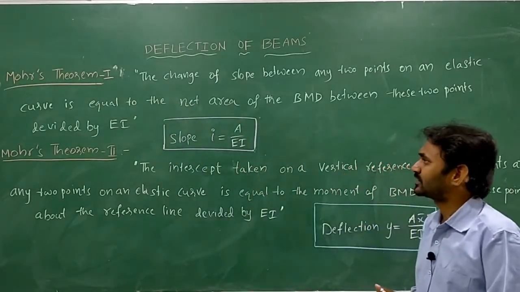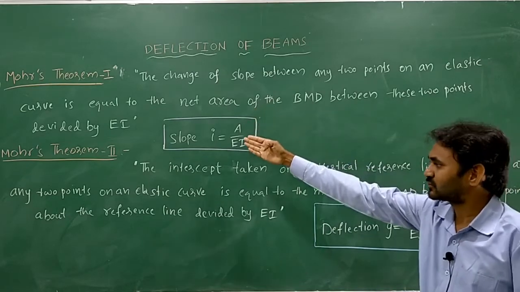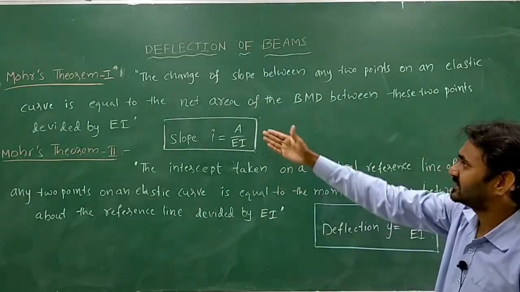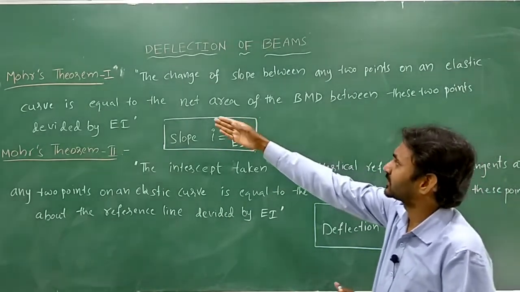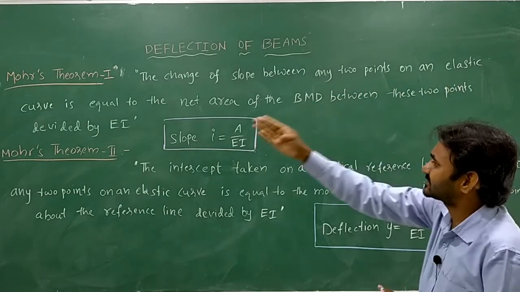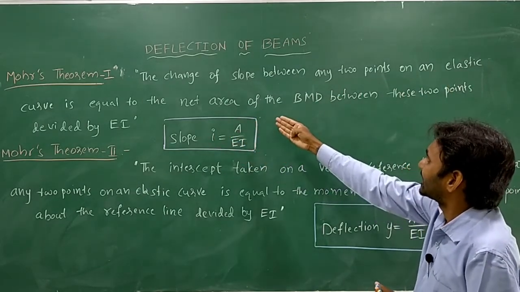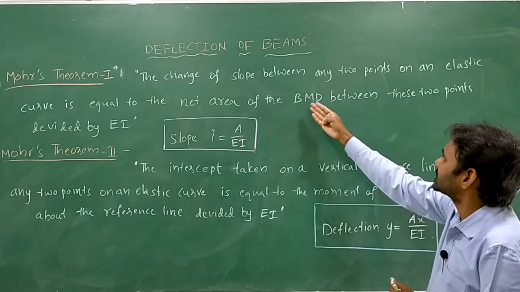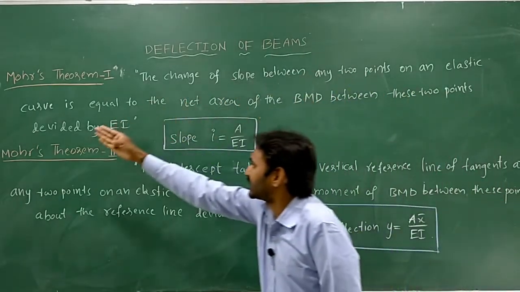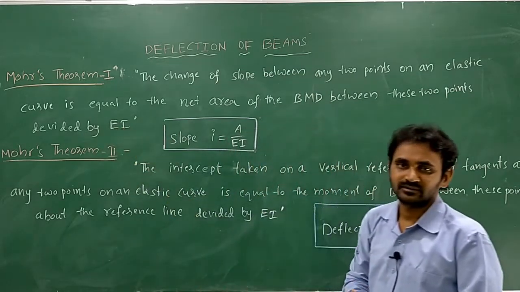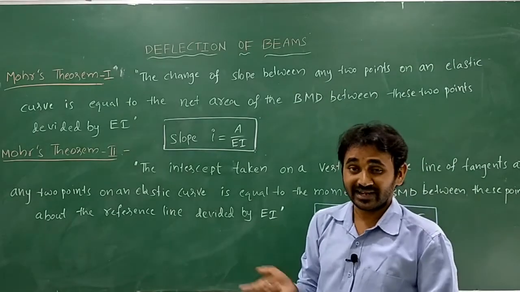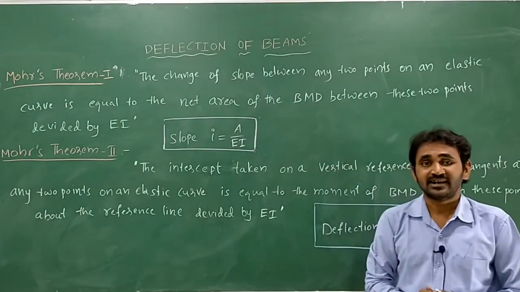Let us see Mohr's theorem 1. Mohr's theorem 1 deals with the slope and Mohr's theorem 2 deals with the deflection. The change of slope between any 2 points on an elastic curve is equal to the net area of the BMD, the bending moment diagram between these 2 points, divided by EI, where EI is called the flexural rigidity, and AE is termed as axial rigidity.